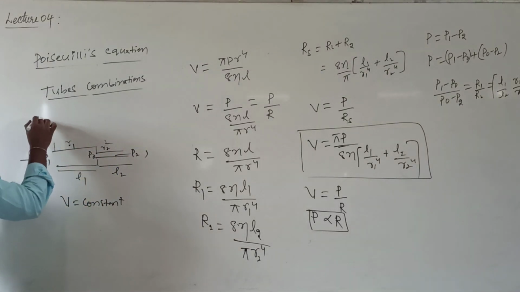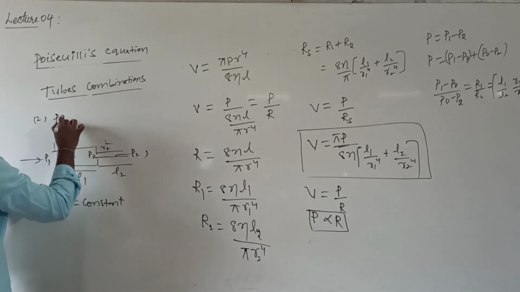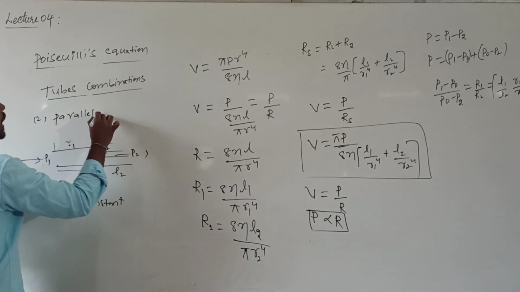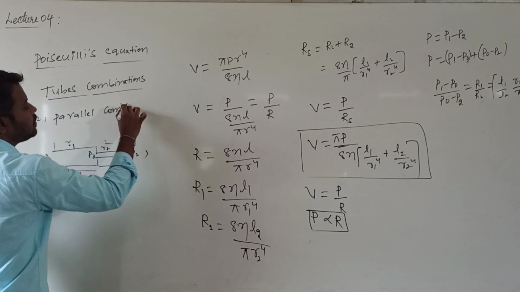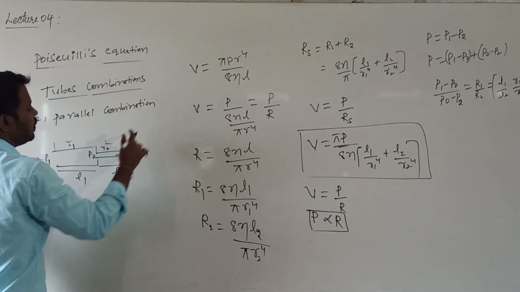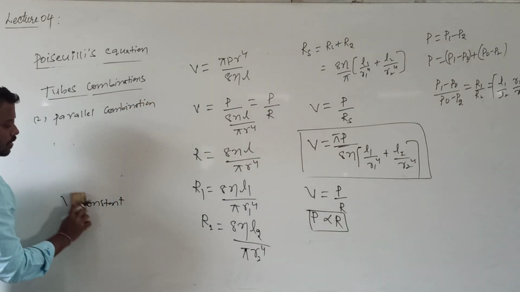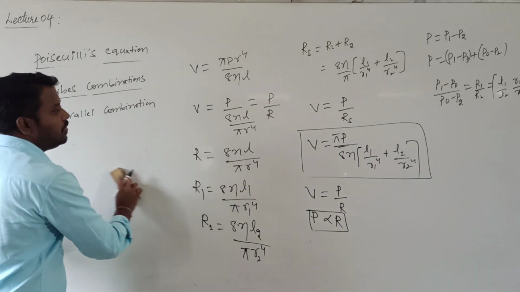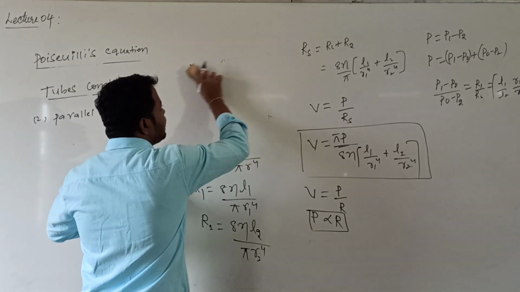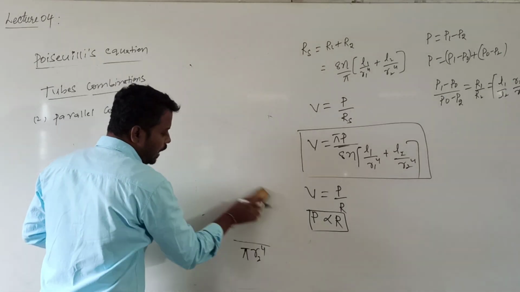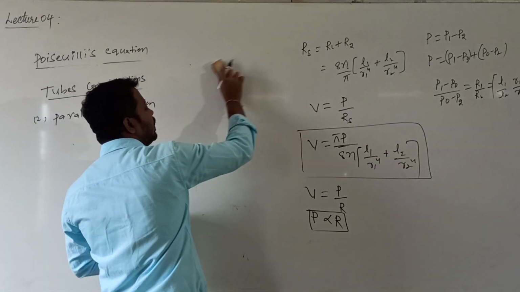Second one is the parallel combination of capillary tubes. Let me consider two tubes here also, and discuss what happens when a number of tubes are connected in parallel.